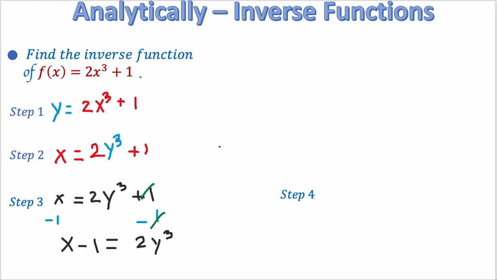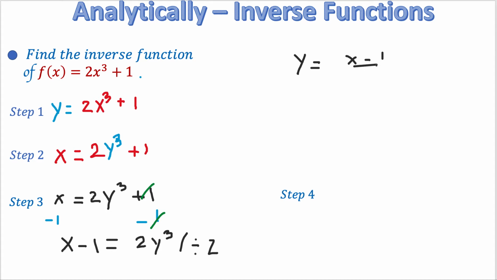And then here I have to divide everything by 2. If I divide everything by 2, then what I'm going to get: y is equal with x minus 1 divided by 2.